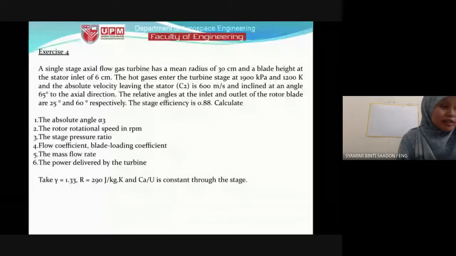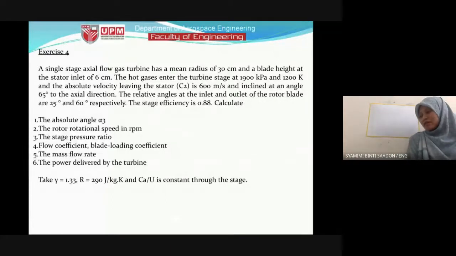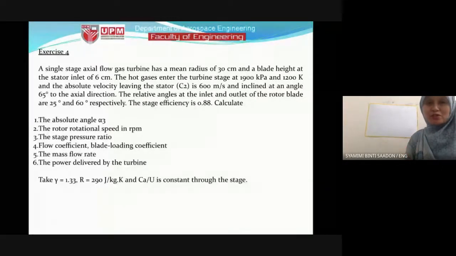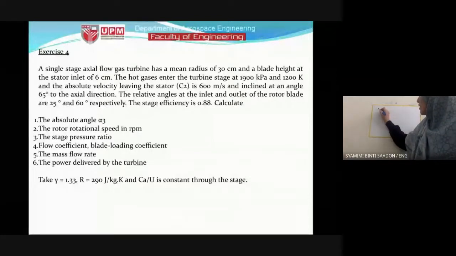Now calculate the absolute angle alpha 3. By using the tangent from the velocity triangle, we can first calculate the absolute angle, because we already have alpha 2 and beta 3, so we can use whichever equation. We focus on tangent alpha 3.